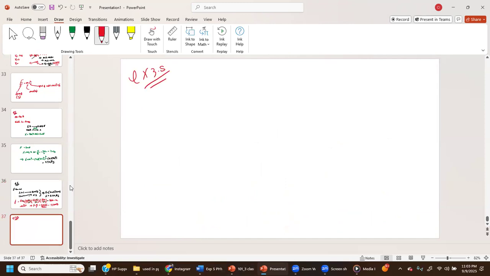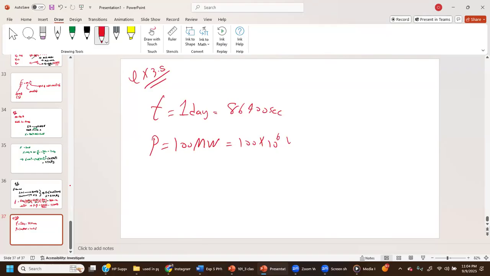Your time is one day, and we just converted the one day, which is going to be 86,400 seconds. And our power is 100 megawatts, which is going to be 100 times 10 to the 6 watts. So our energy, which we just saw earlier, is your power times your time.